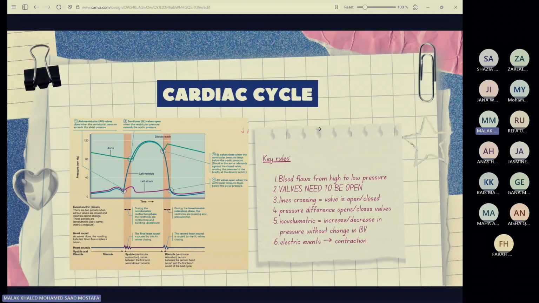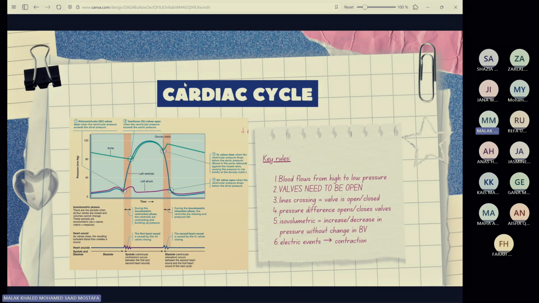Now, when we're looking at the cardiac cycle, I need you to keep in mind some key rules, okay? And if you understand these key rules, everything else is like a walk in the park. So the first thing is that blood will flow from high to low pressure, a pressure gradient, right? If you have a pressure gradient, your blood will flow. Now, if you have this pressure gradient but your door is closed, you can't pass through.